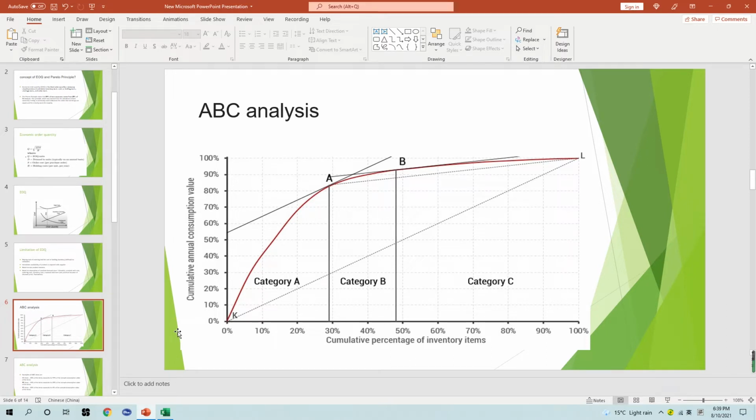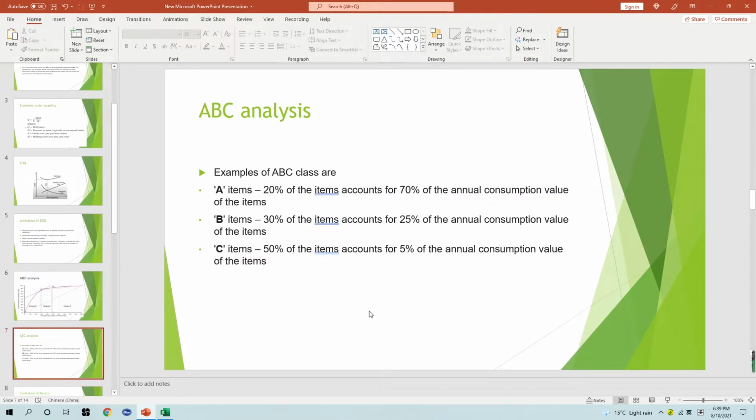In real life, it only has around 20% of the total inventory, but it holds up to 80% of the value. And then group B plus group C has the remaining 20% of the value. Here's an example of ABC classes.